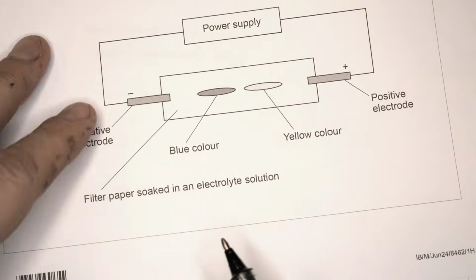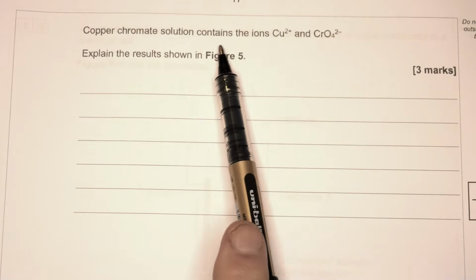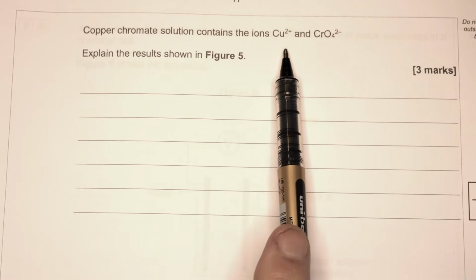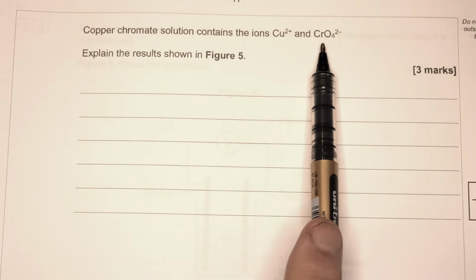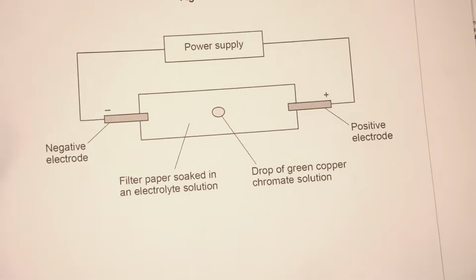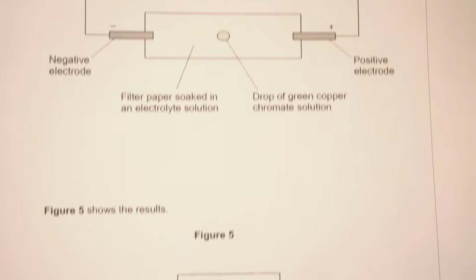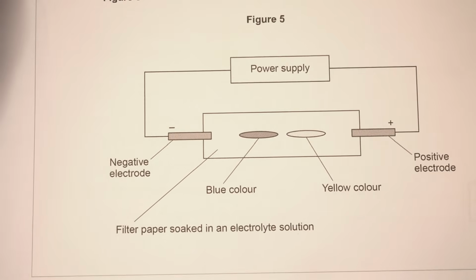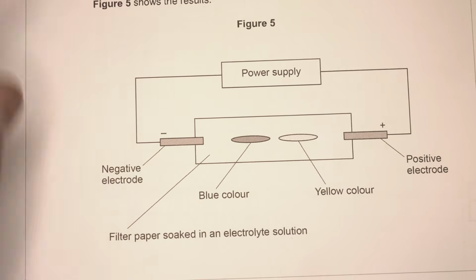And the question is, copper chromate solution contains the ions Cu2+ and CrO4 2-. So that's the copper, that's the chromate. So I'm going to do the answer on here just so that you can relate it to the results, but obviously you'd write it on the lined part of your paper.